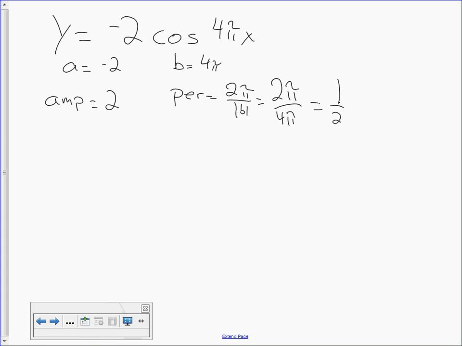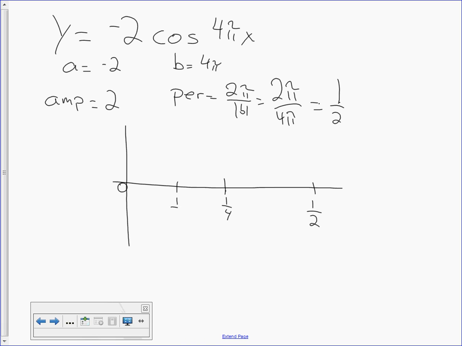You don't need it. Exactly. Because here's what happens. Cosine still starts at the origin. What's the end of the period? Half. What's half of a half? Quarter. What's half of a quarter?